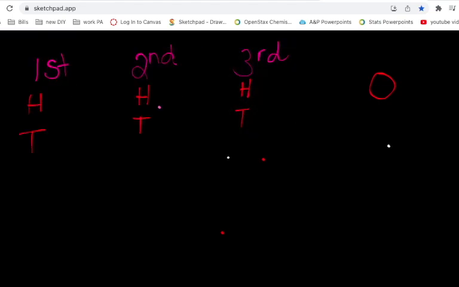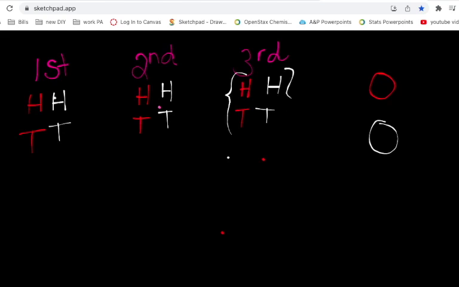So on your second coin, which is our white coin here, on our first flip, we could flip heads, or we could flip tails. On our second flip, we could flip heads, or tails. And on our third flip, we could flip heads, or tails. So this is our sample space for each individual flip.